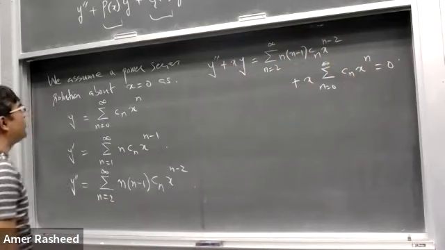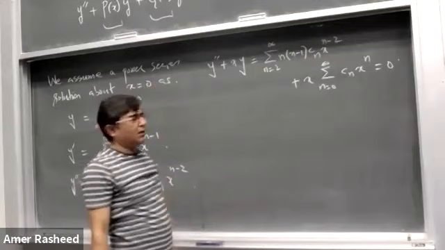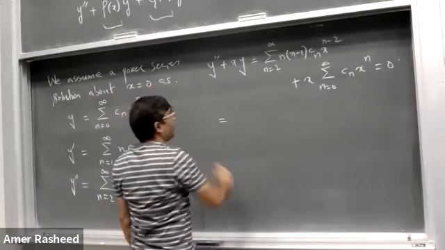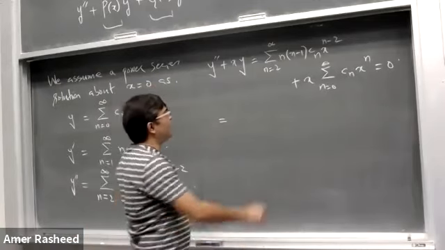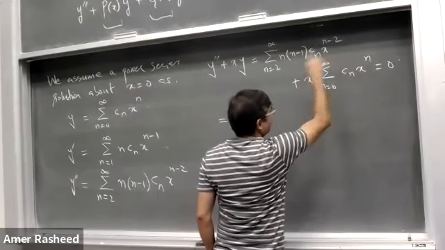So we have substituted the values of y and y double dash into the given differential equation. I hope you get it. We have x power 1 here and x power n here, so we can take this x inside.